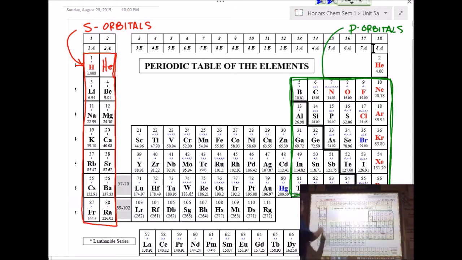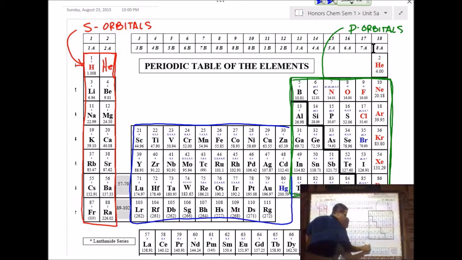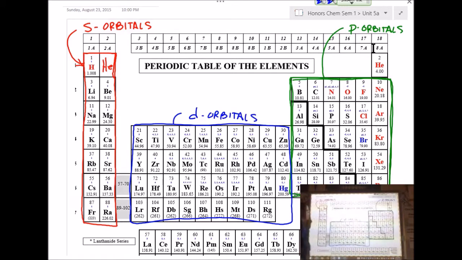The blue, once we step down and before we step back up, this area right here, represents the d orbitals. So red is S, green is P, blue is D.